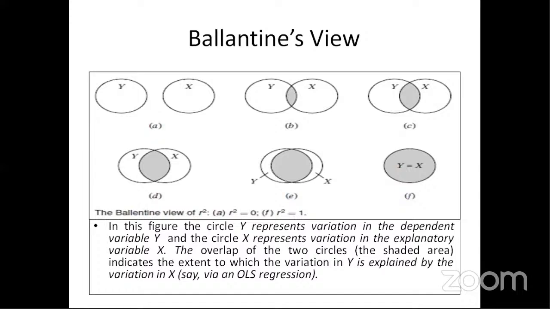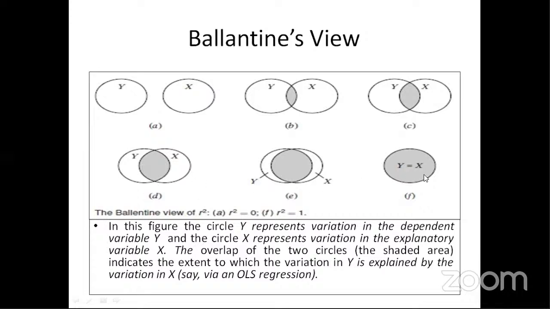This was the Venn diagram view. What it says: if X is not able to explain Y, there is no portion of X which is able to explain Y, so we can say that X is not at all contributing in explaining the variation in Y. Discard it. Yes, it is explaining, but the proportion is very less. It's increasing, very nice.